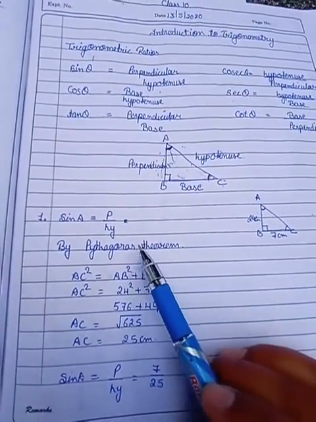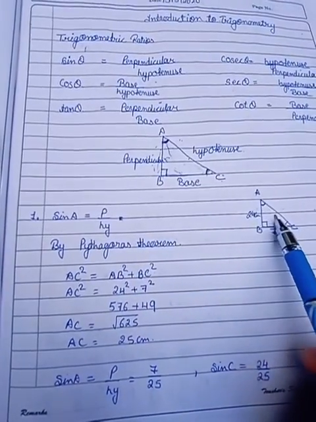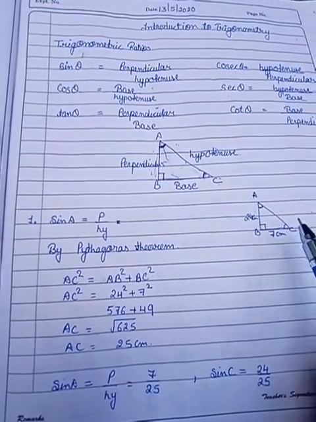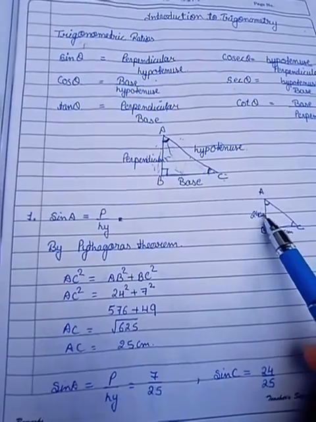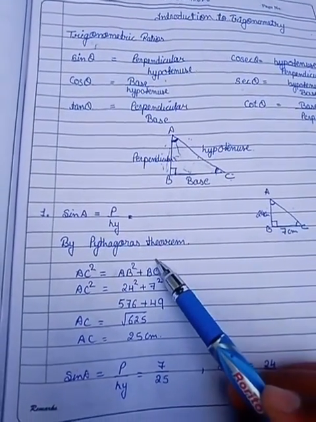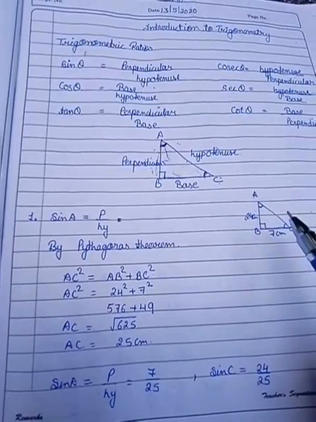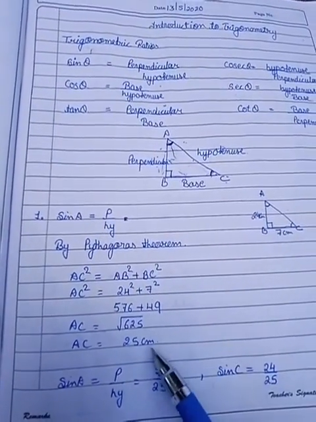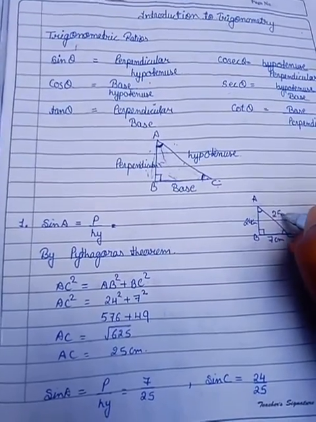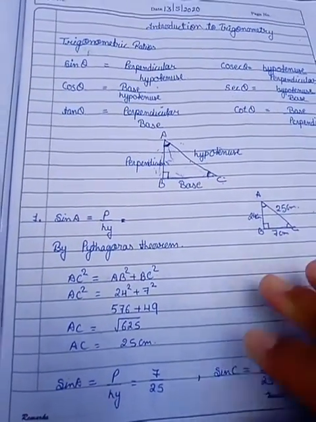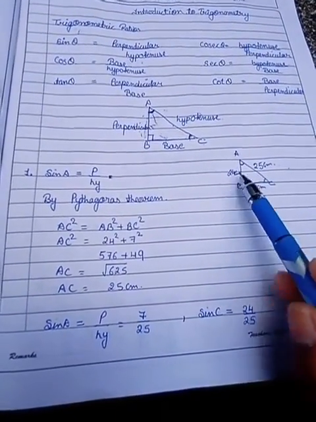By using the Pythagoras theorem, we can find its hypotenuse. Even if the hypotenuse is given and any other side is unknown, in that case also we can use Pythagoras for finding that side. Now look here, we find the hypotenuse is 25 centimeter. Now we know all three sides.